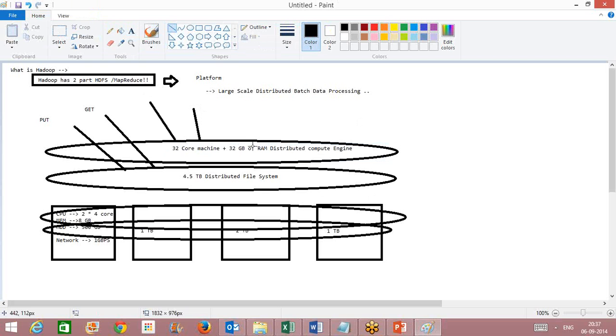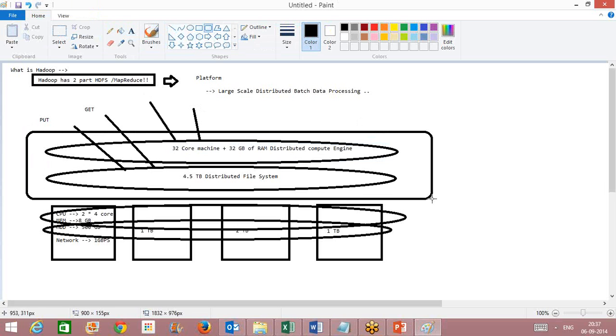So what is Hadoop? Hadoop is just this. Hadoop is just enabling you to put machines together to create a distributed file system and a distributed compute engine. And that's what Hadoop is. You need to view Hadoop this way.